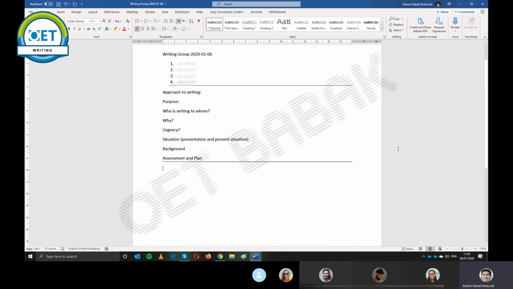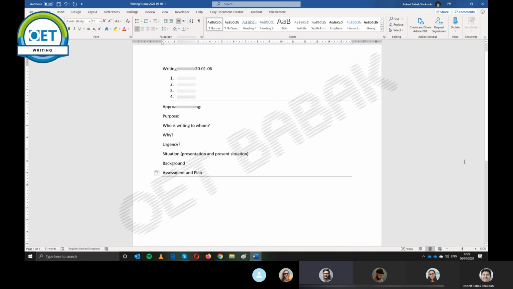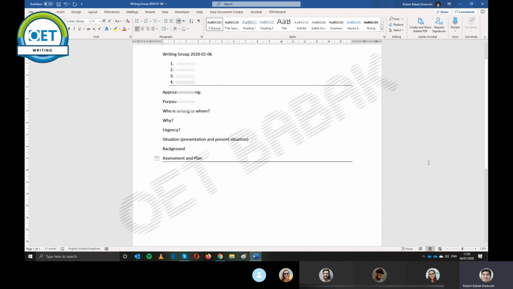Any problem? Excuse me. If the case note mentions that he or she is my regular patient, must we mention it in our writing or not? When you're a GP and somebody is your regular patient or not?